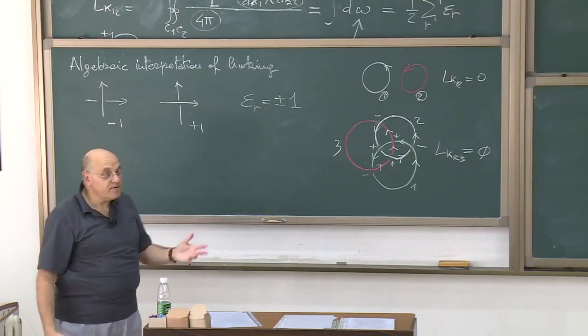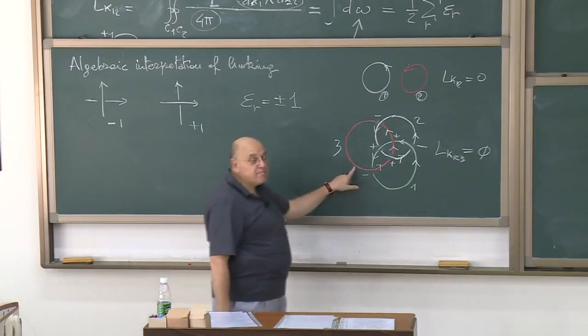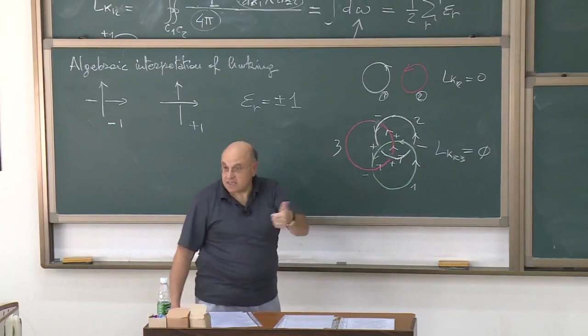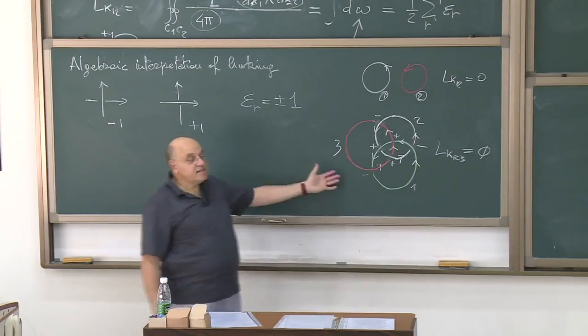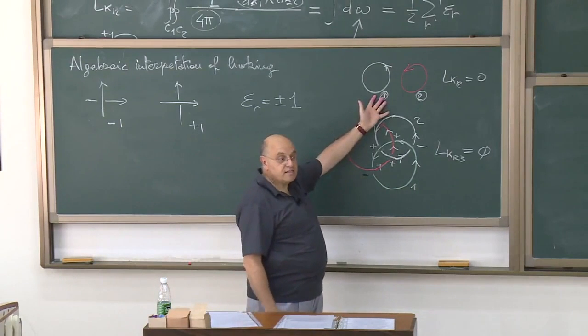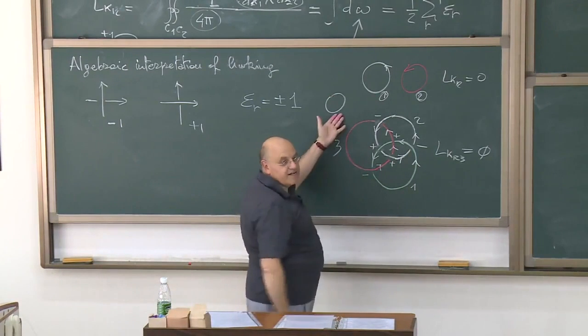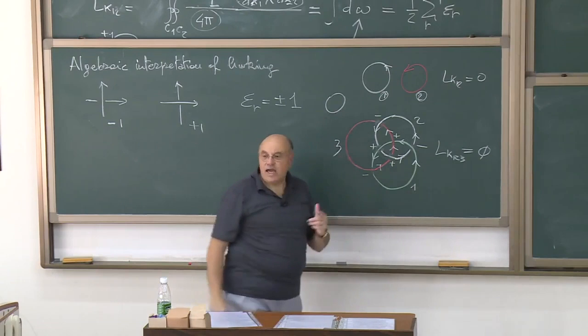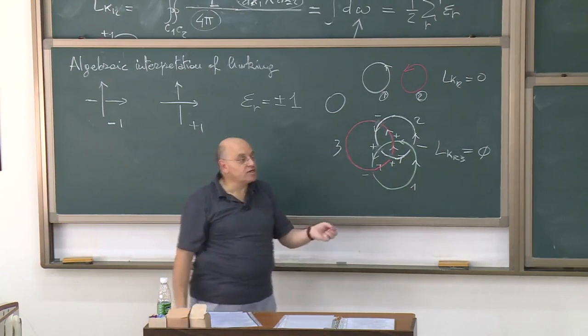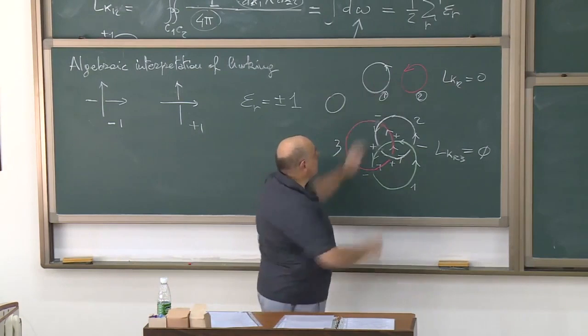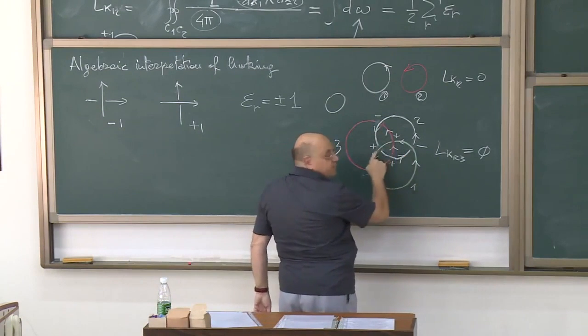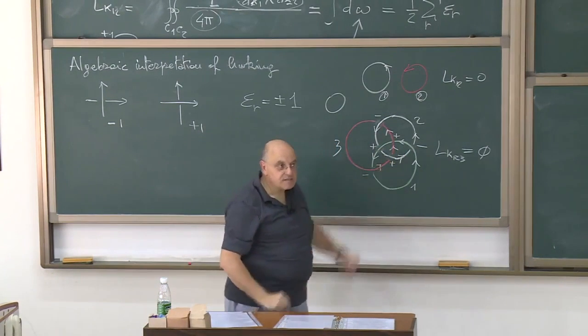Because we have already some invariants, right? We have the number of components is an invariant: 3 in this case, 2 in this case, 1 in this case. Then we have the minimum number of crossings: 0, 0, 1, 2, 3, 4, 5, 6. 6 crossings.